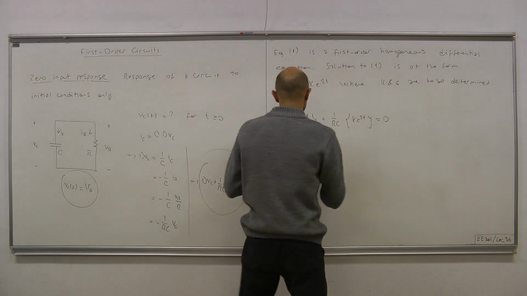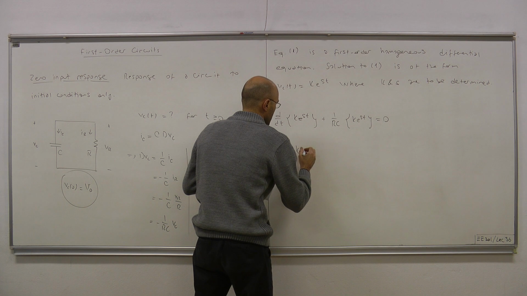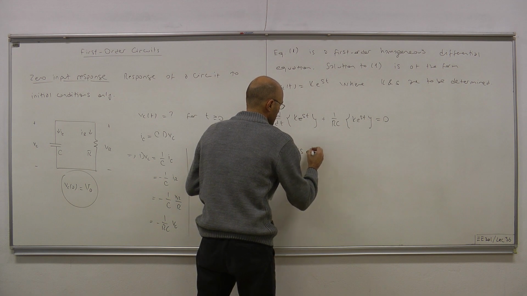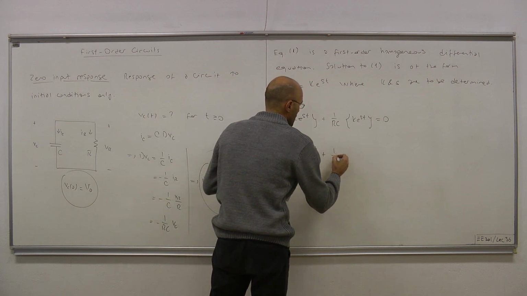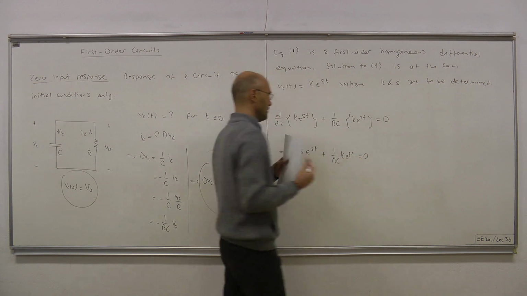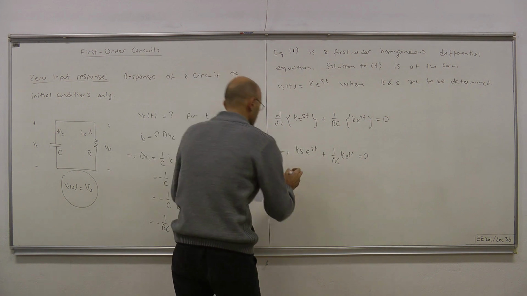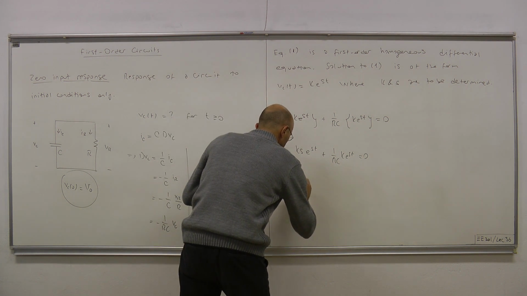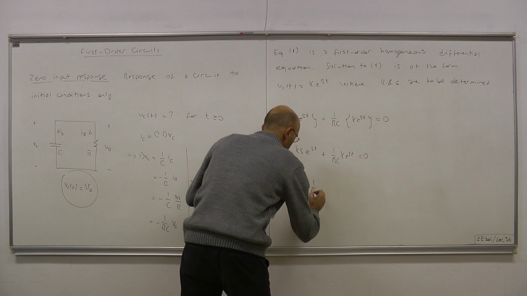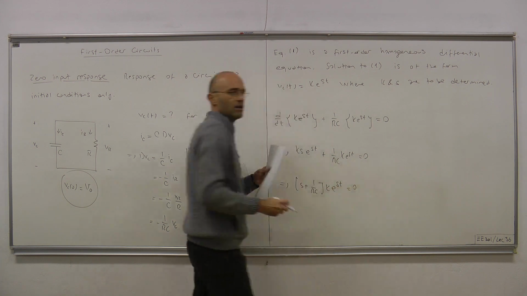That yields K S e to the st plus 1 over RC K e to the st equals 0. And that can be written as S plus 1 over RC times K e to the st equals 0.